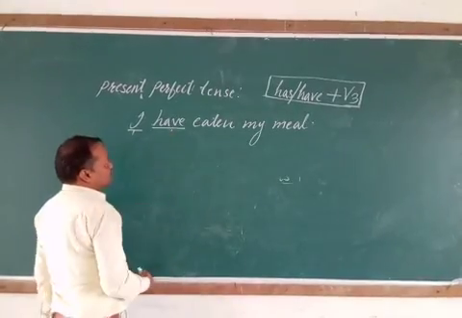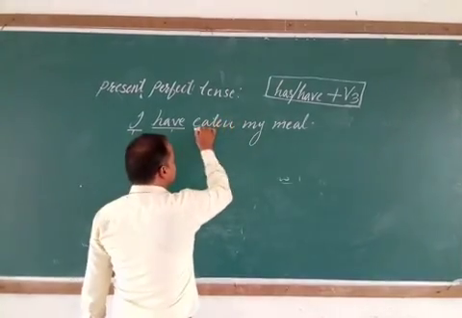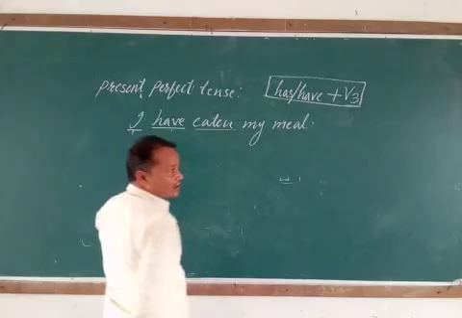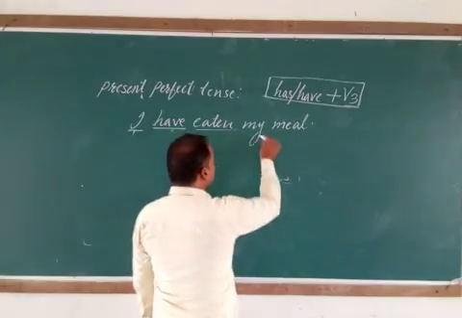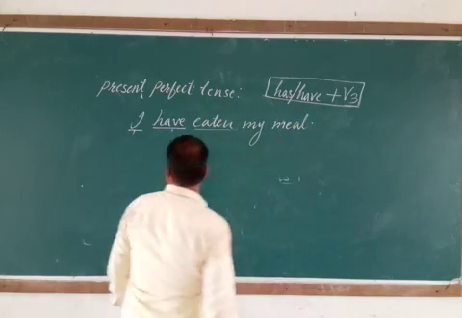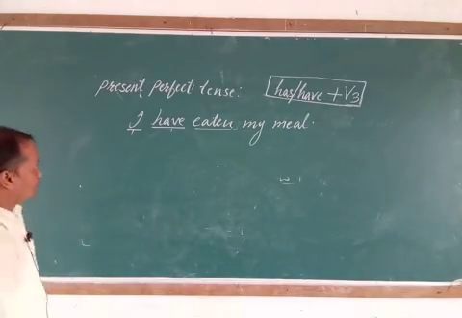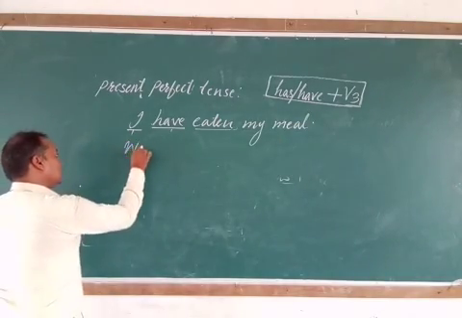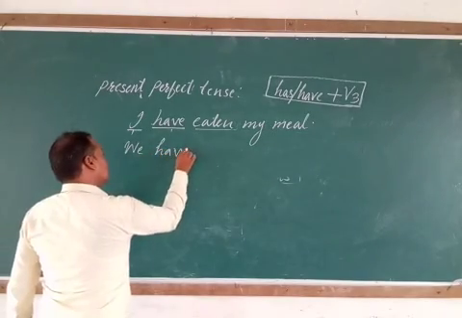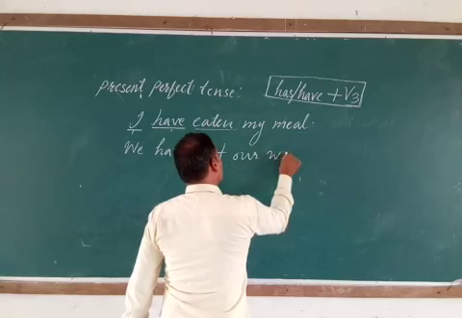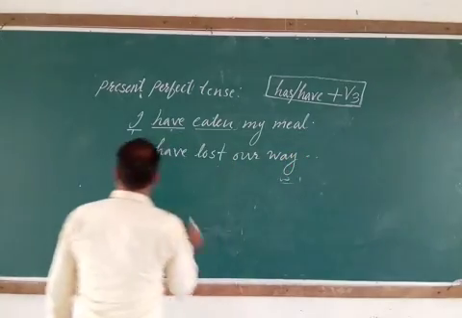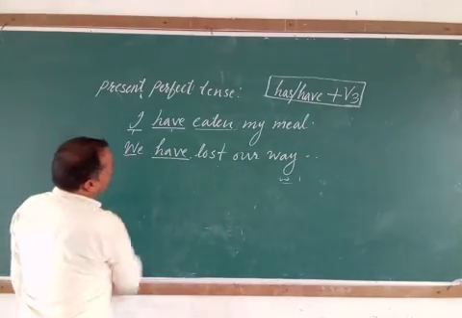Eaten is in third form, it is a regular verb. Now we will see with we: we have lost our way. So here you can say with we we use have.